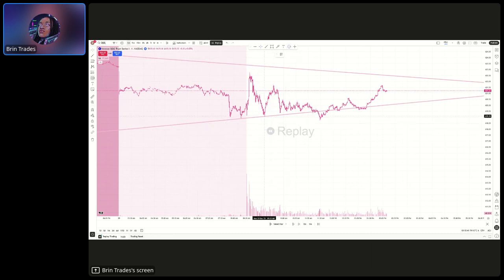You could have easily taken calls here because you know that the market movement is bullish. You could have easily taken calls for a dollar move from the downside to the up, especially off this bounce, because you know that price is in an uptrend.